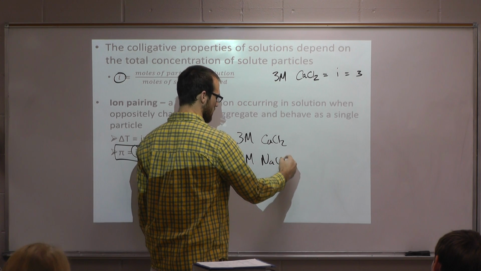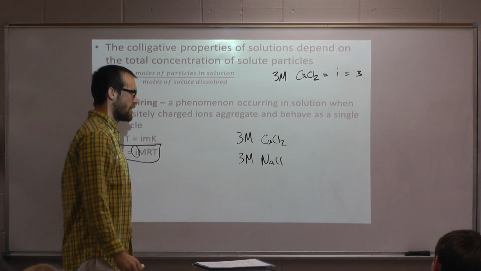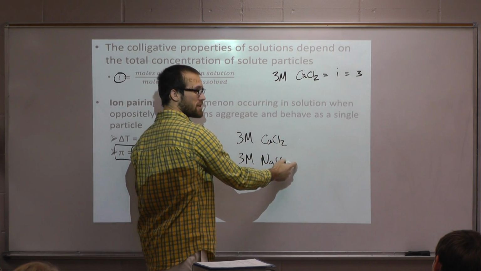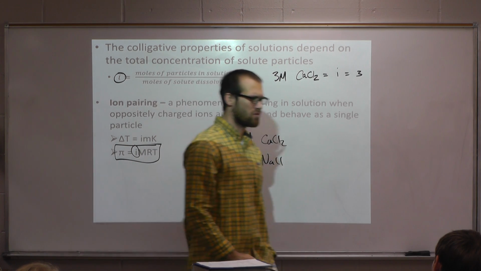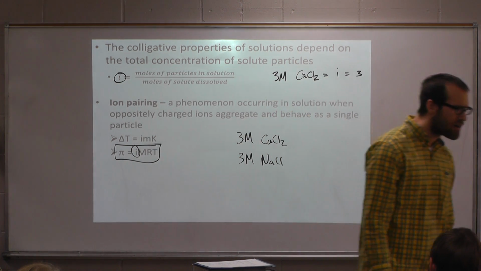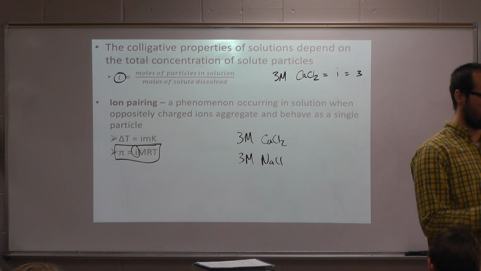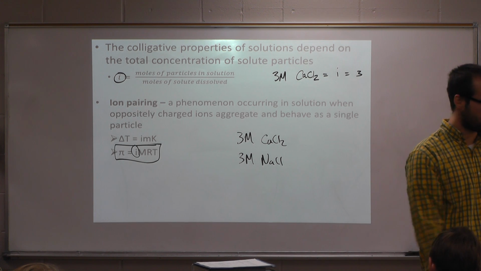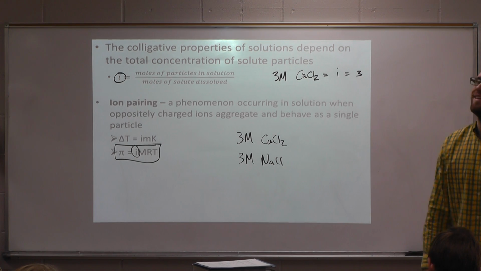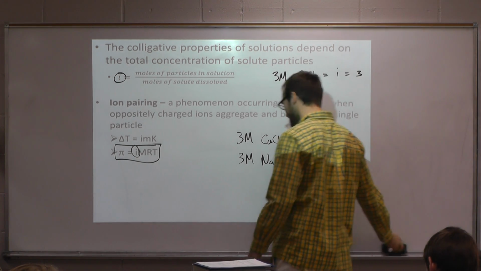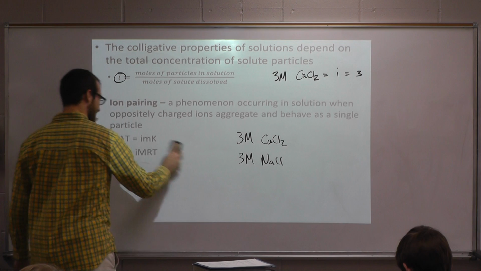Yes, because this breaks up into 3 particles and this breaks up into 2 particles. For osmotic pressure, would it always be the one that breaks up into 3? Yeah, because the more particles you have, the more it affects all of those colligative properties. That's the one I couldn't figure out, thank you.